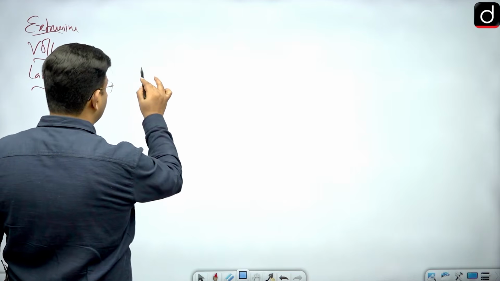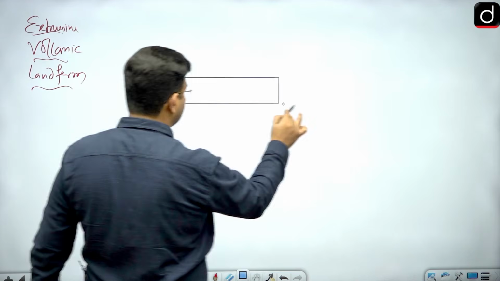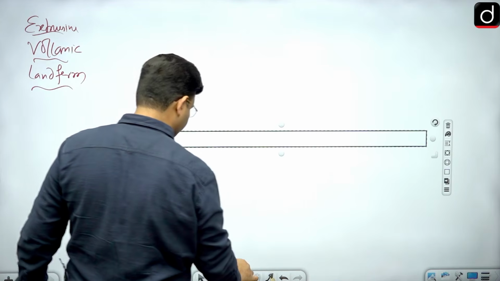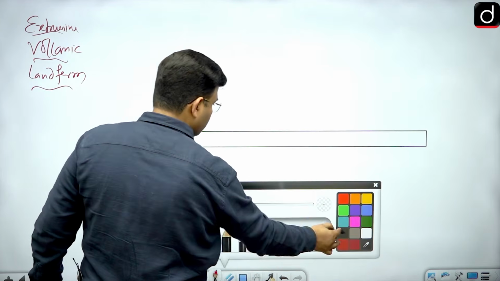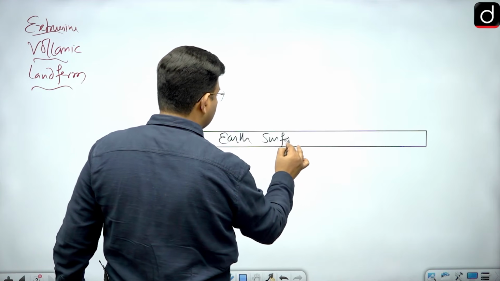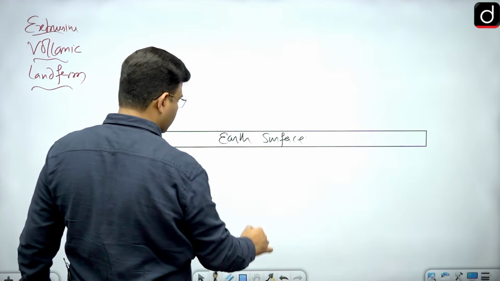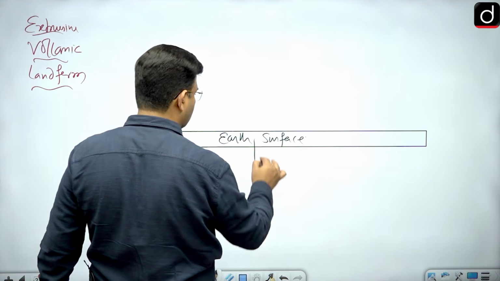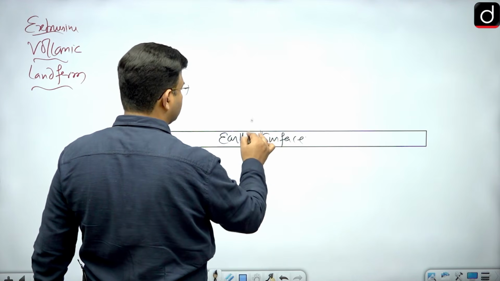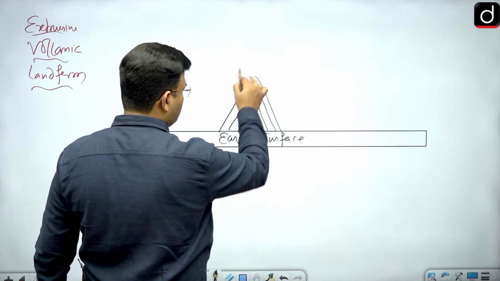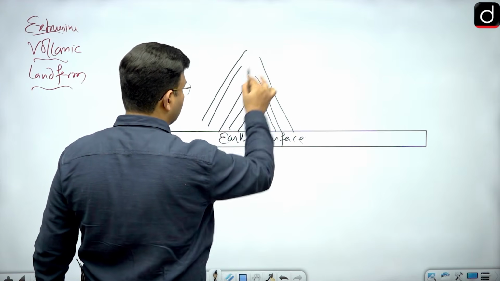Here is the earth's surface, and when the magma is able to come onto the earth's surface, it forms different kinds of volcanic cones.